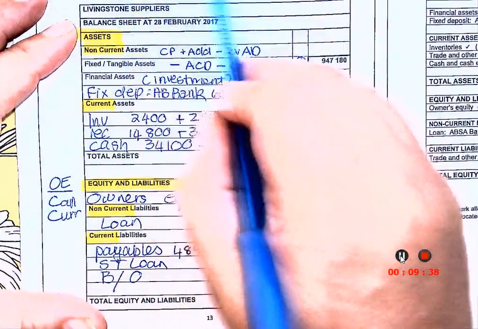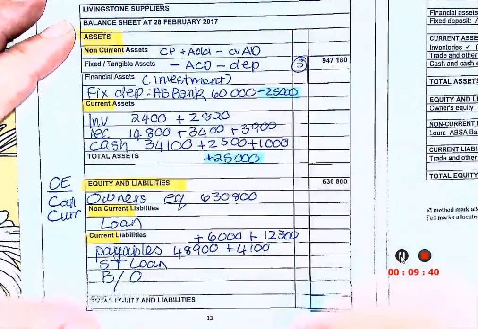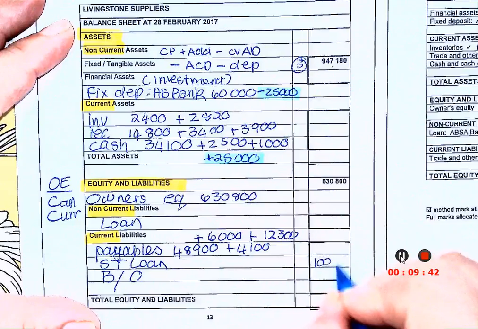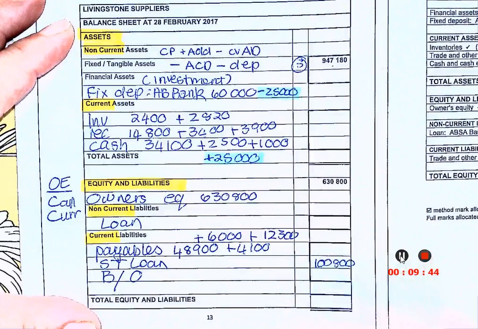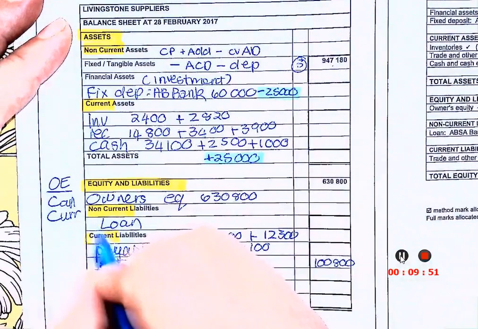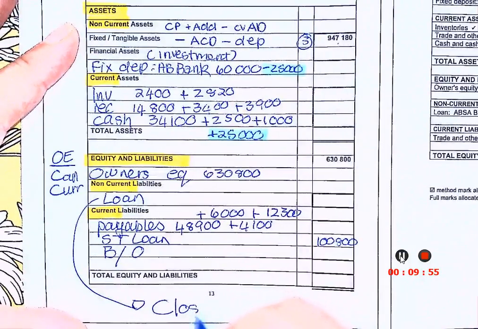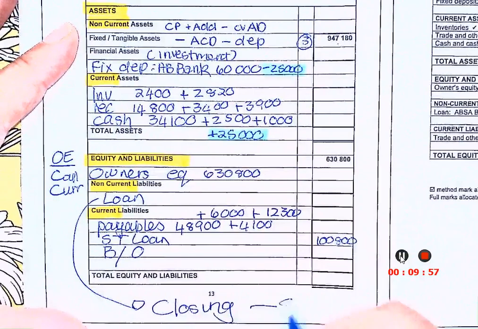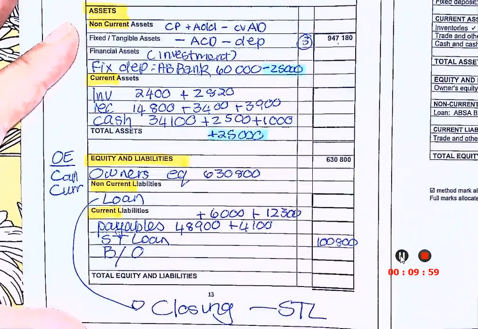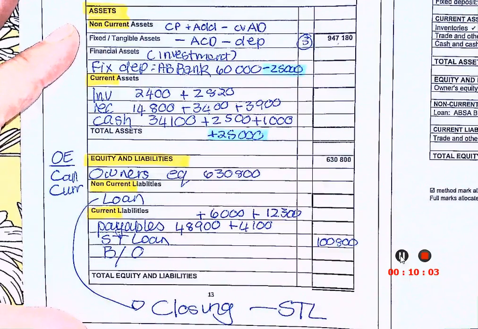800 will be paid back on the loan next year. So I know that's my short-term loan. So I know the amount they gave me for the loan here, I'm going to use that. With a loan, I always want to use the closing balance less the short-term loan. Now they don't give me any other information, so I can assume this is my closing balance.